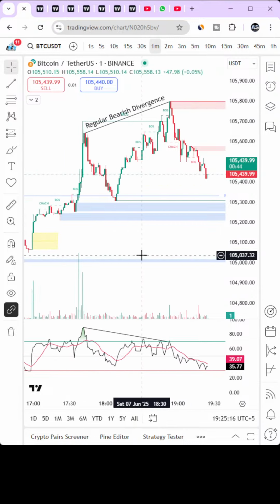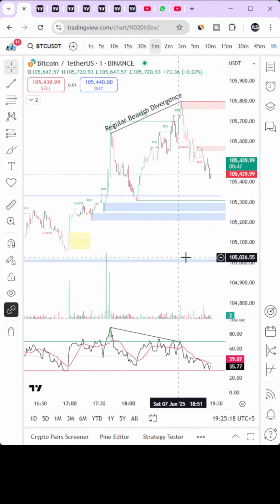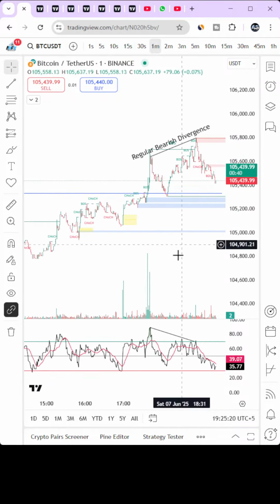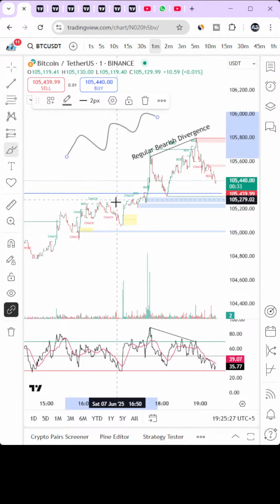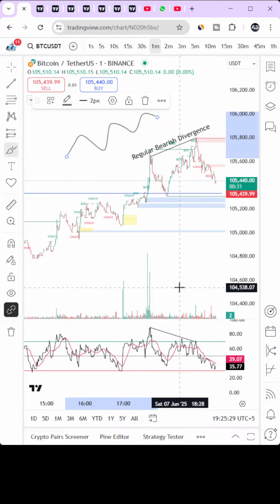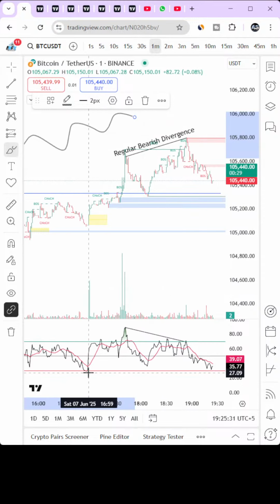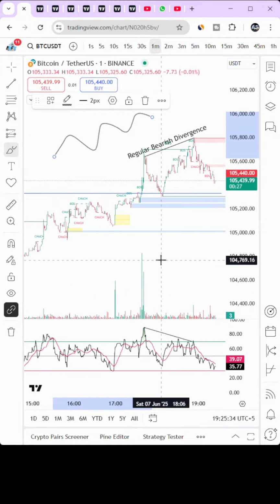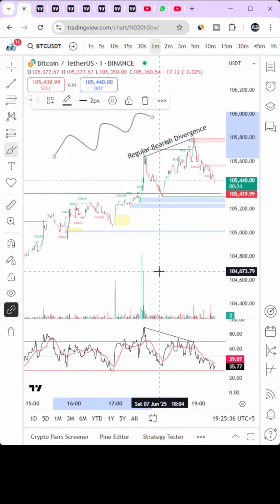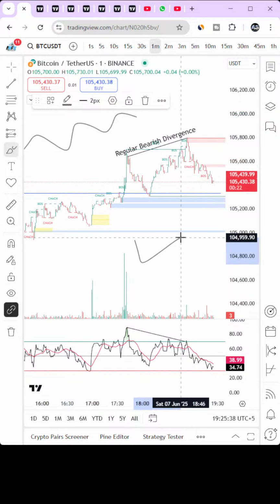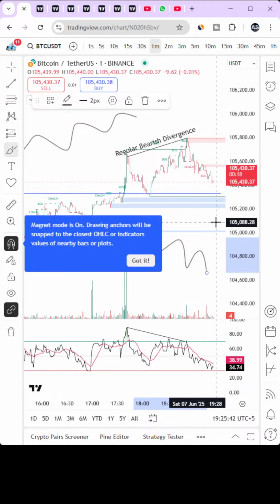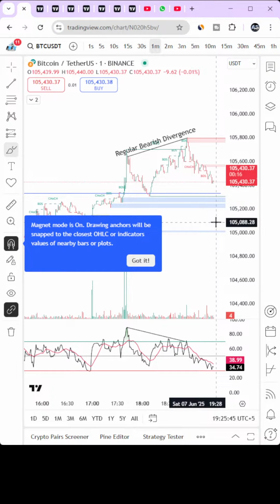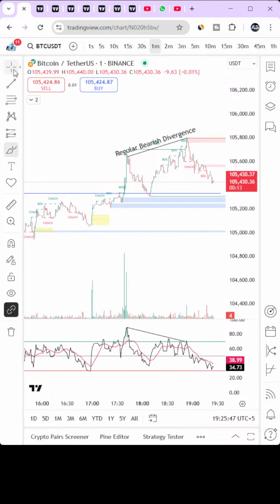Whenever we see the prices are in a bullish trend and make higher highs and higher lows, and when we see at the exact point the RSI creates lower highs and lower lows, just like this. That is called the regular bearish divergence.